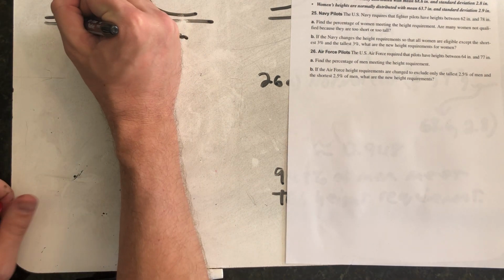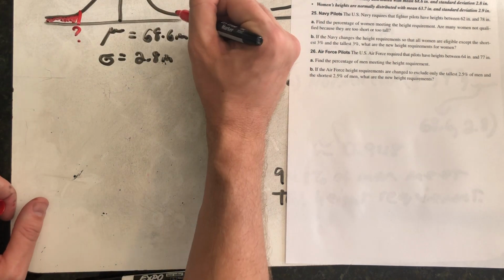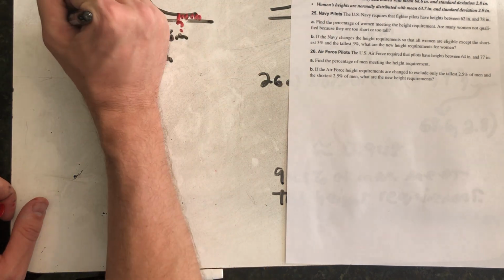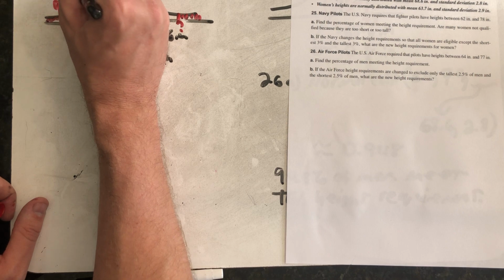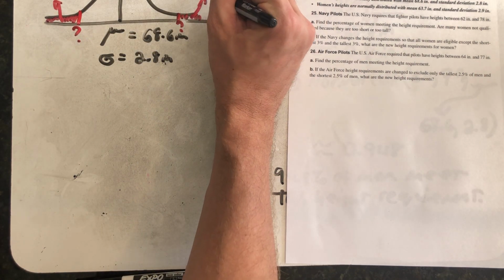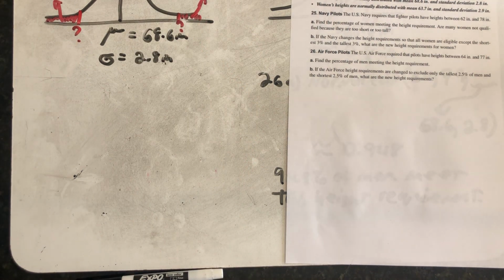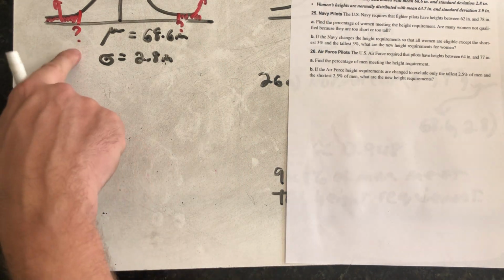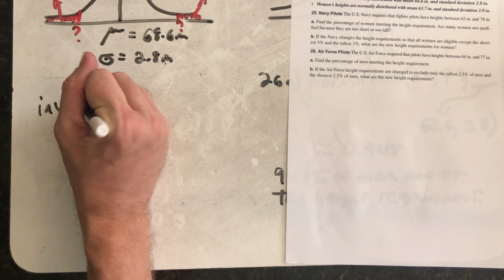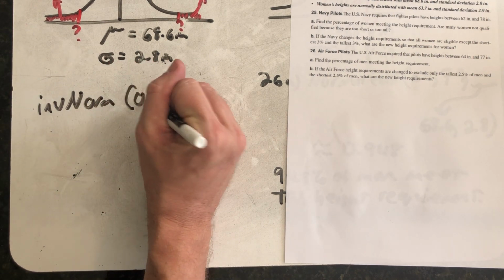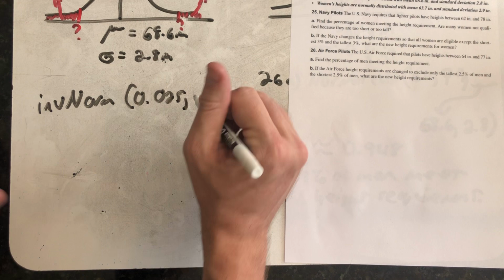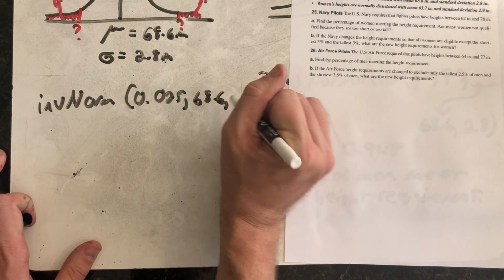So we're looking for data values, the actual heights that separate the bottom 0.025, 2.5%, and the top 0.025. So a data value here and a data value here. Well, the first one, this data value, that's just given to us as an inverse norm problem. Area to the left, the mean, and the standard deviation.